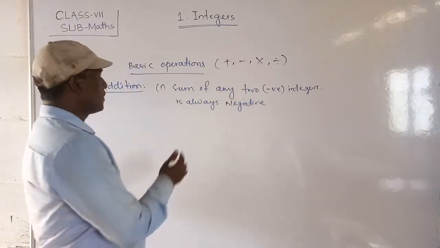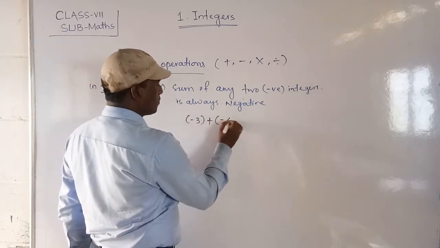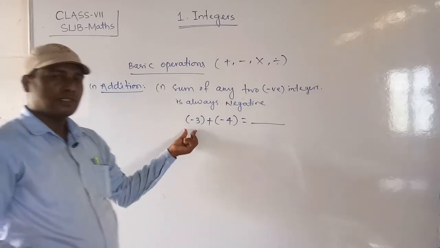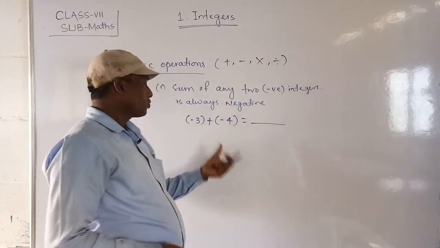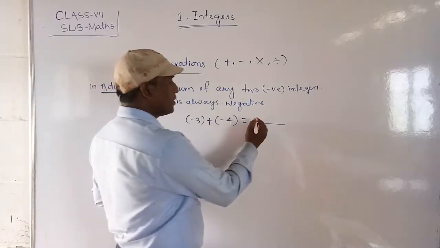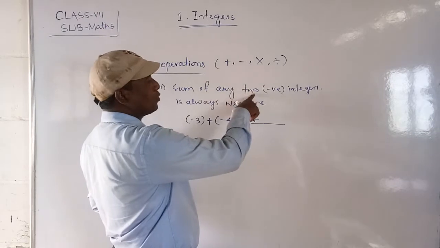Suppose minus 3 plus minus 4, what is the answer students? This is a negative integer, and this is also a negative integer. If we add them, we will get a negative number, because the sum of any two negative integers is negative.